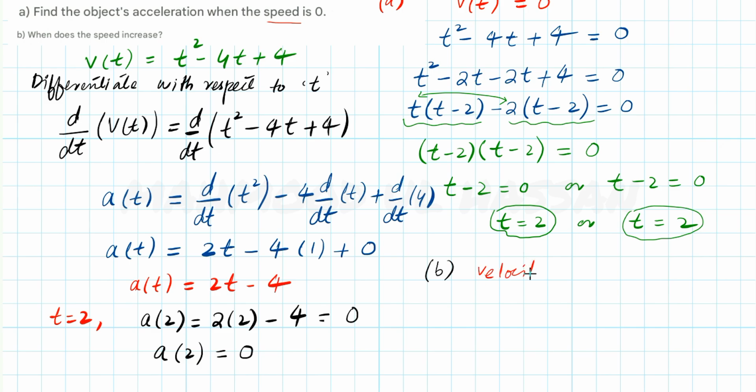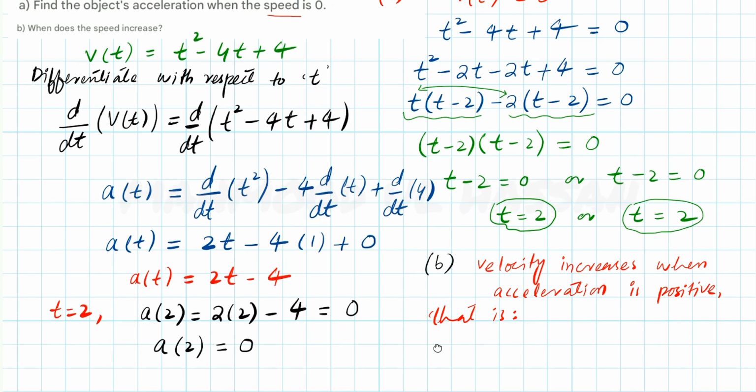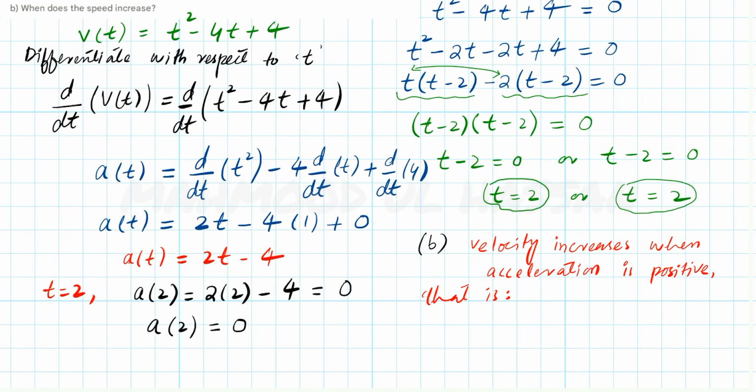The answer is velocity increases when acceleration is positive, that is a of t is greater than 0.